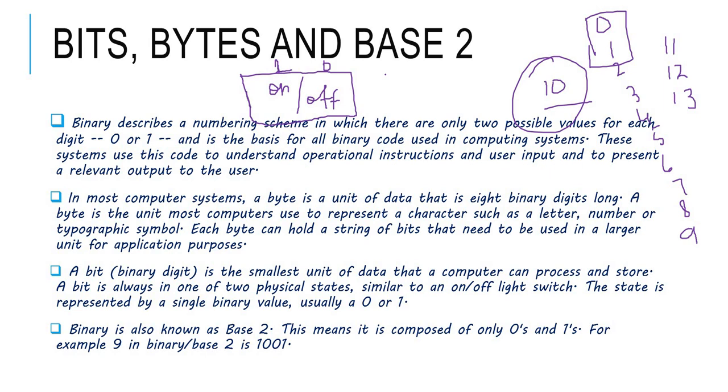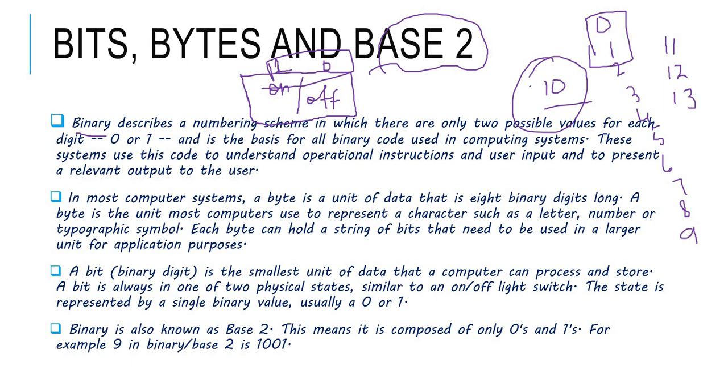The binary system only uses zeros and ones to represent data, which are two digits. That is why we call binary base 2. This base 2 is a useful term because it reminds us that there are two digits used by the binary number system, which are 0 and 1.